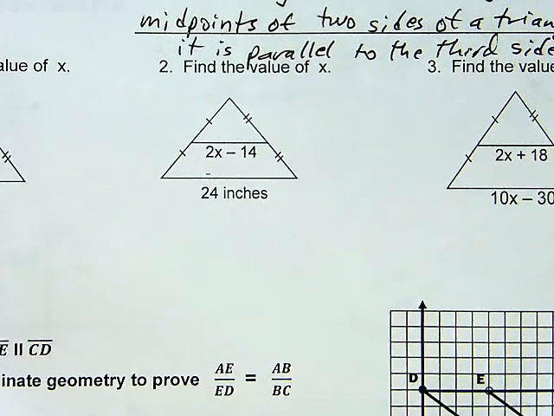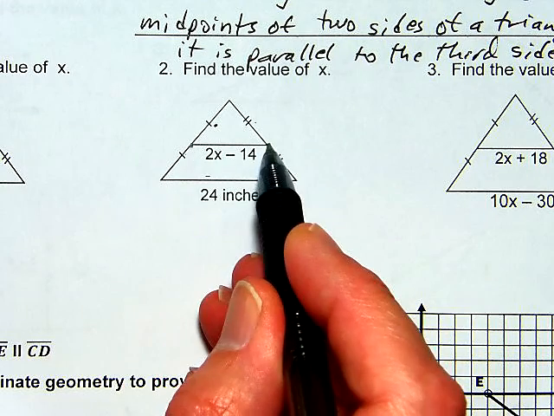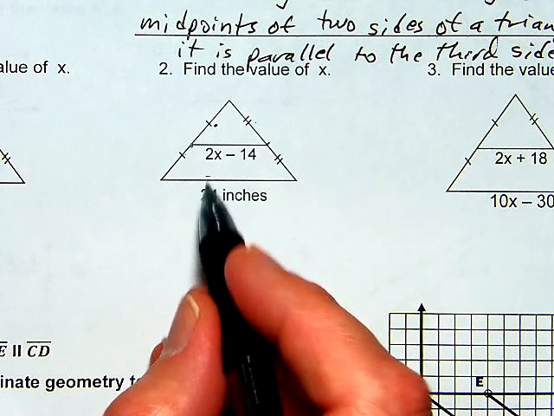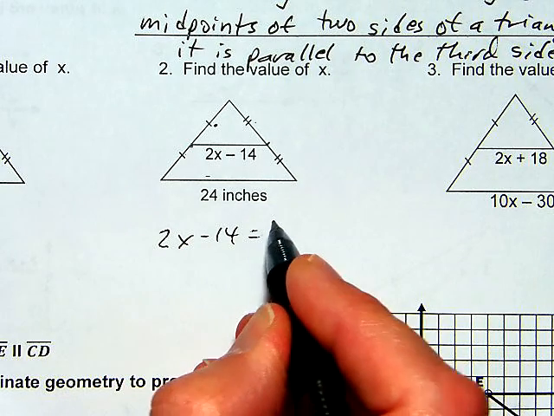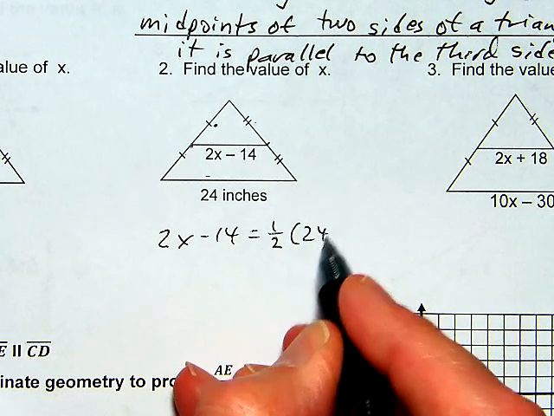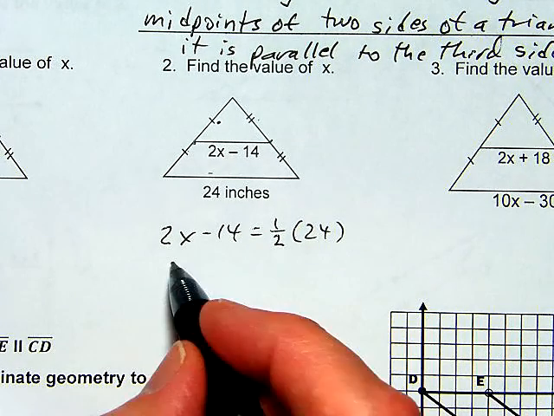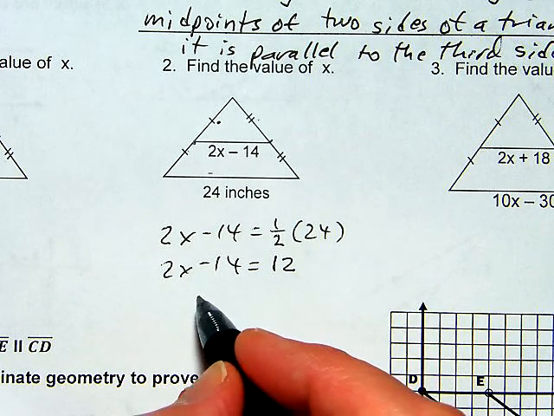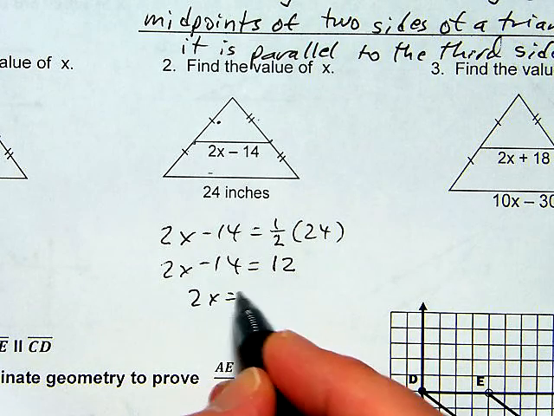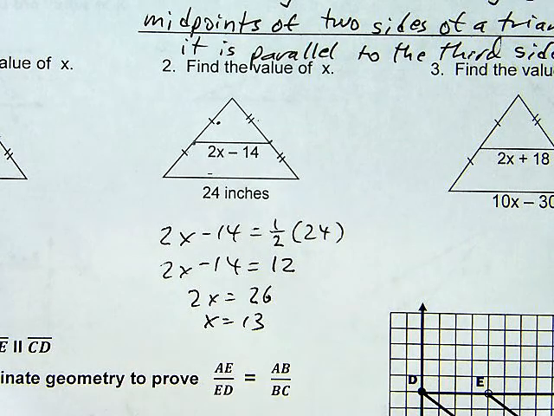Here, again, this is a midpoint on the left, this is a midpoint on the right, so this is a mid-segment, and its length, 2x minus 14, has to be 1/2 of the length of the third side, which is 24. So 2x minus 14 has to equal 12, and that makes 2x equal to 26, or x equals 13.